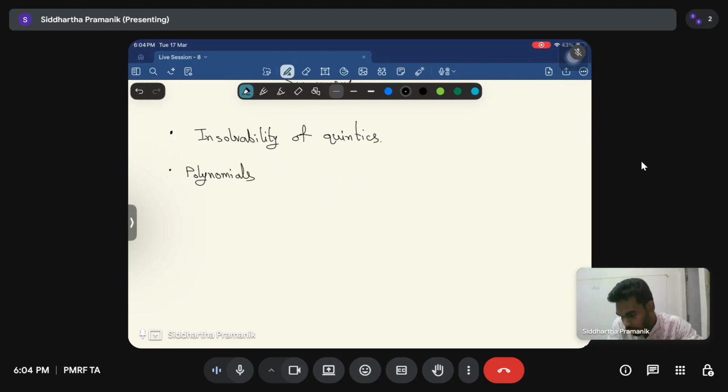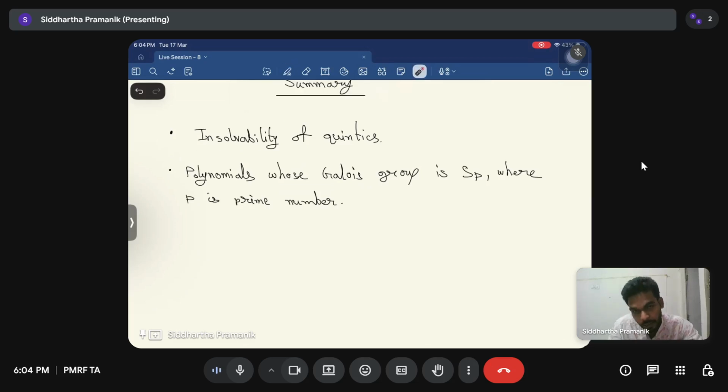So polynomials whose Galois group is S_p, where p is a prime number. So basically what we have done, we have taken a polynomial f(x) belongs to Q[x], which has exactly two non-real roots.